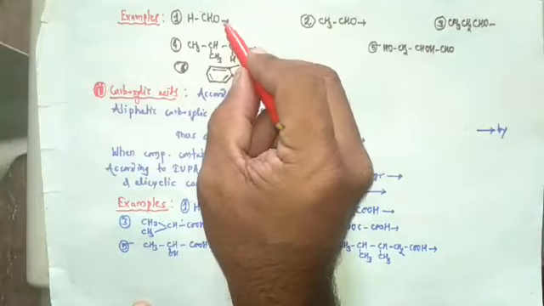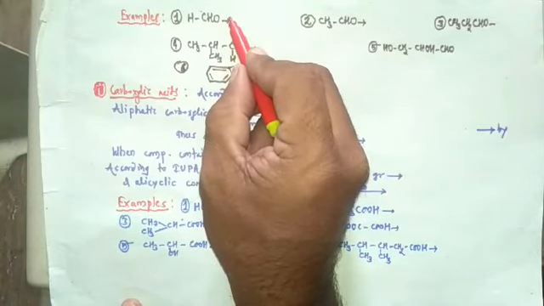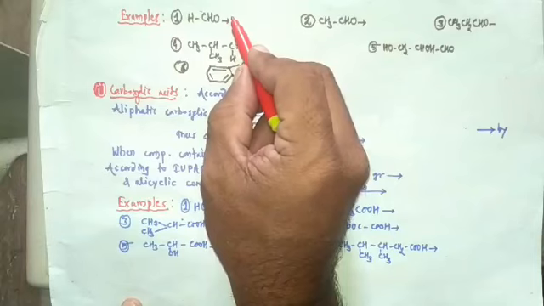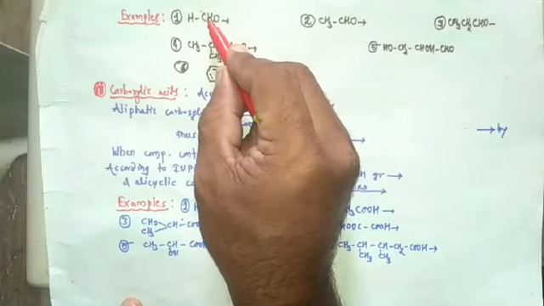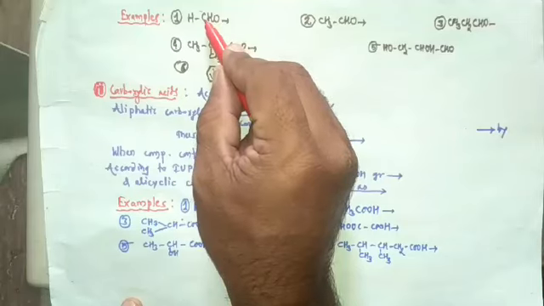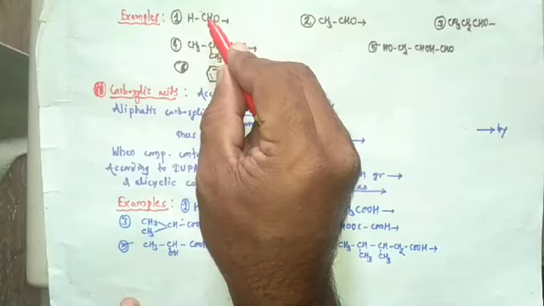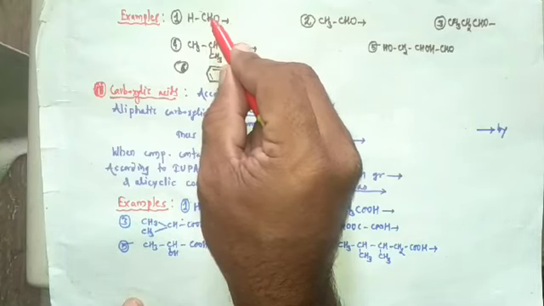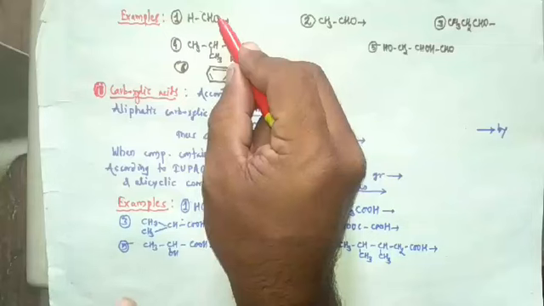The first example is HCHO. It contains only one carbon atom, so the corresponding alkane is methane. According to the IUPAC system, we have to replace the final letter E of methane by the suffix al.